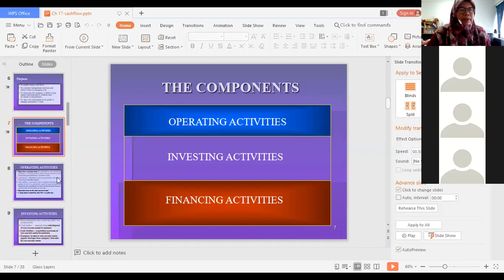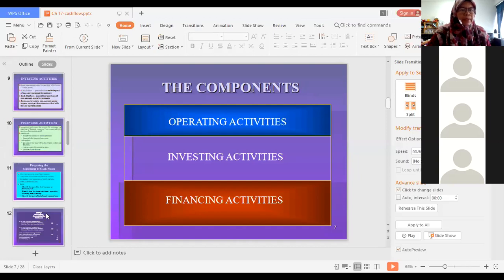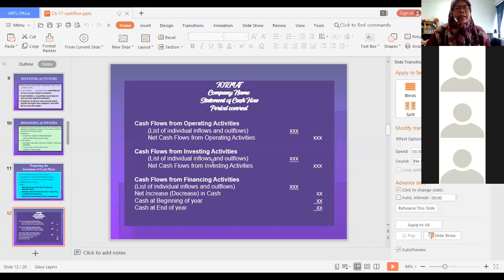I'm going to show the format ni. The most important one is the format. Now in this slide, the format is quite simple. You can refer to the slide and then we can refer to the textbook as well. So textbook page 285.